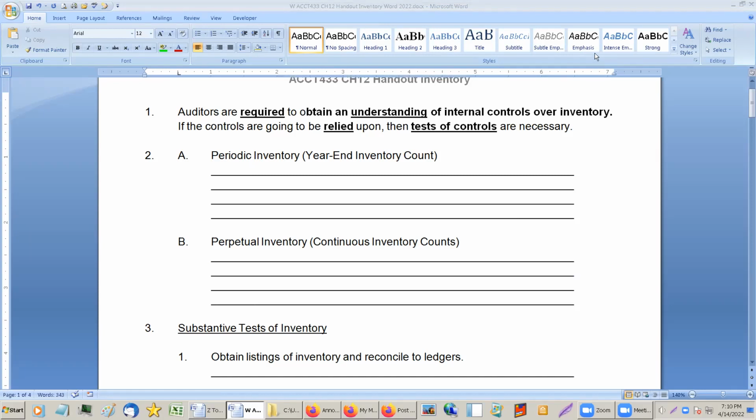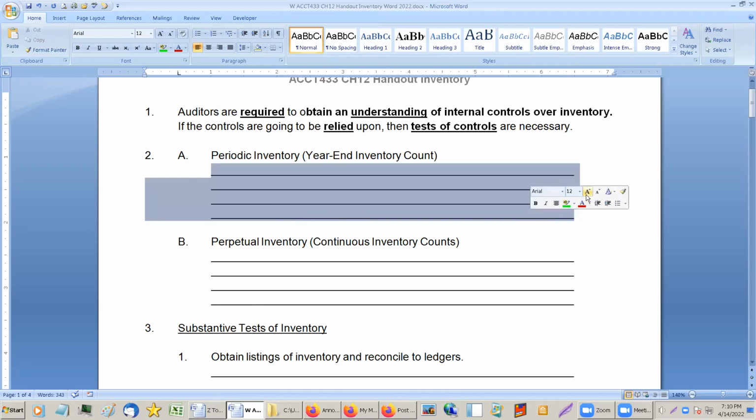So inventory comes in two flavors. Periodic inventory.